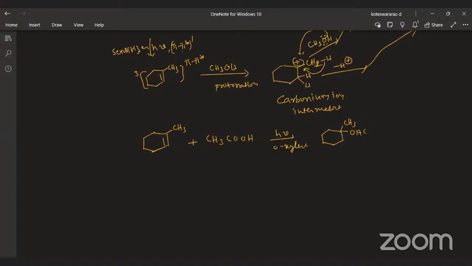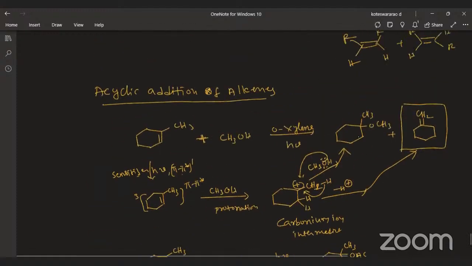Next kind of reaction is the photochemistry of conjugated dienes.